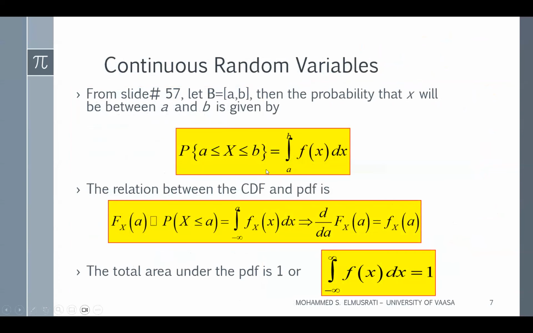But in general, for the continuous case, we have the probability density function, as we can see here. And in order to calculate the probability in the case of a continuous random variable, we need to compute the area under the curve.